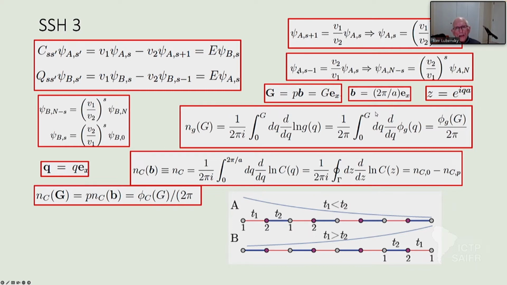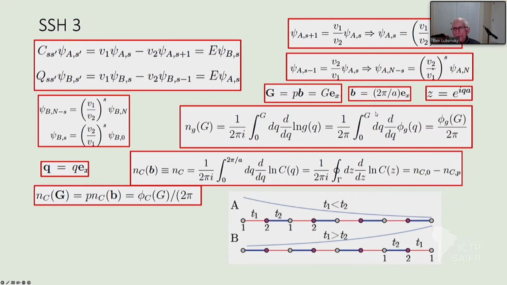Or I can look at this equation and see that psi_AS minus 1 is equal to V2 over V1 times psi_AS. What this tells us is I can look at what happens as I move from the site at the far end to the right, which means I ask what is psi A at n minus S, given that I have a psi A at n.